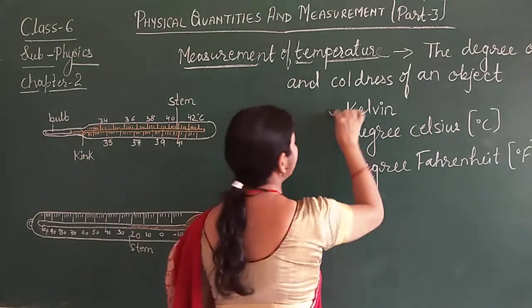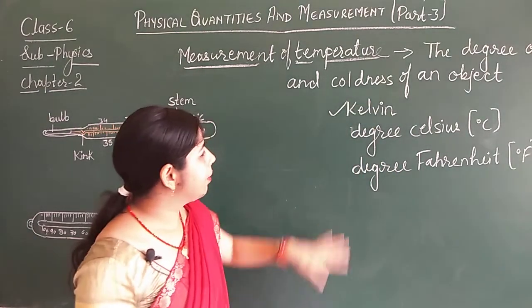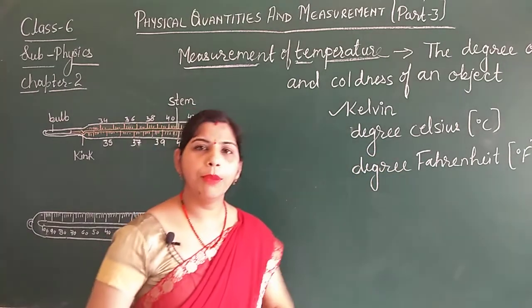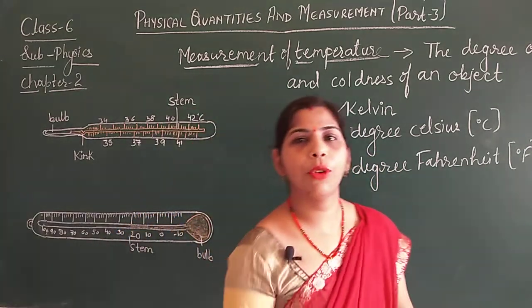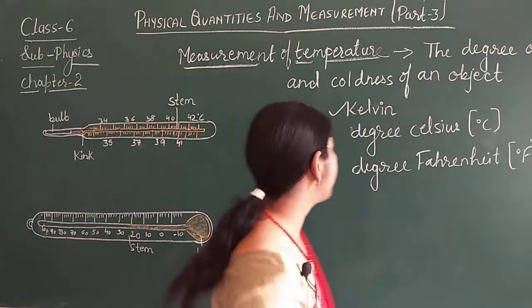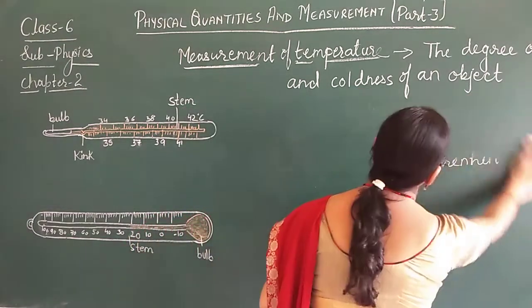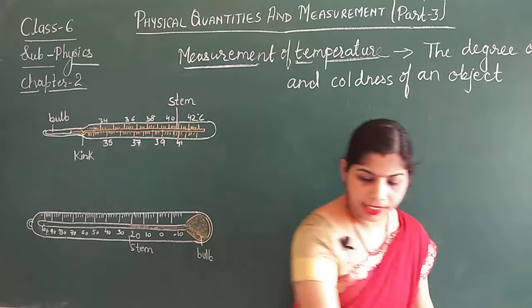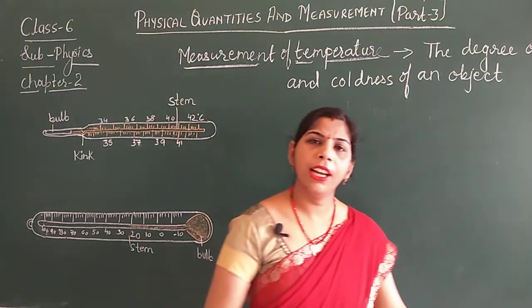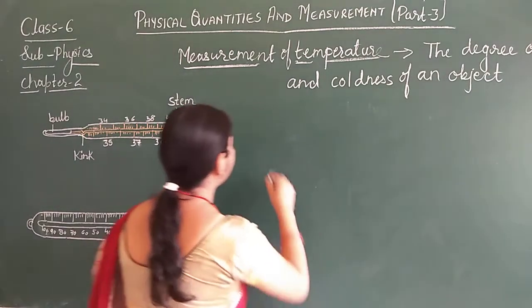That means the unit of temperature is Kelvin, but degree Celsius and degree Fahrenheit are both common units utilized for the measurement of temperature. Now, let's see what the Celsius scale is and what the Fahrenheit scale is.